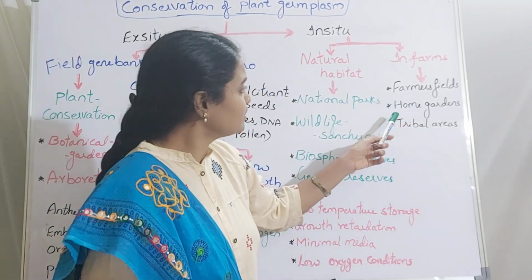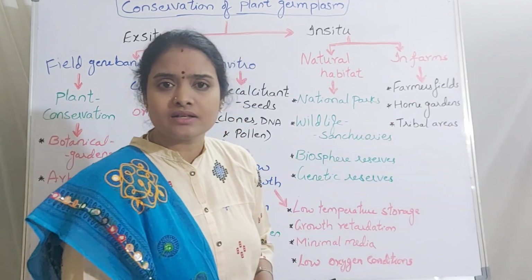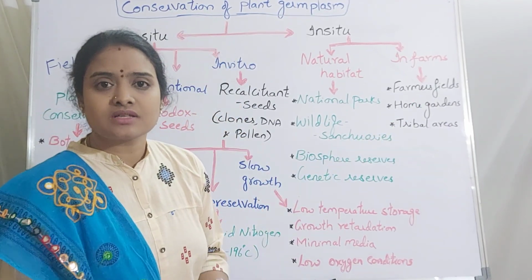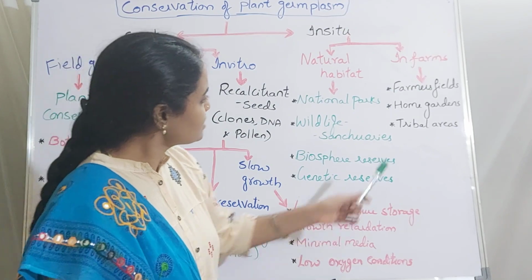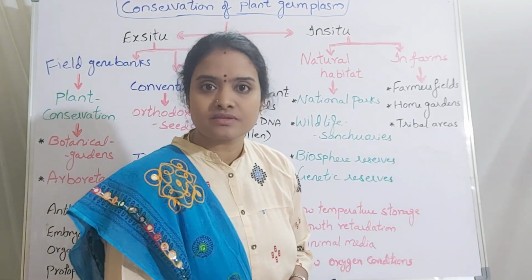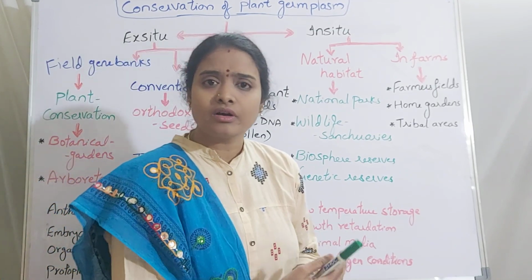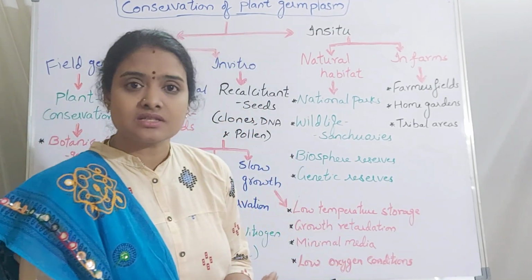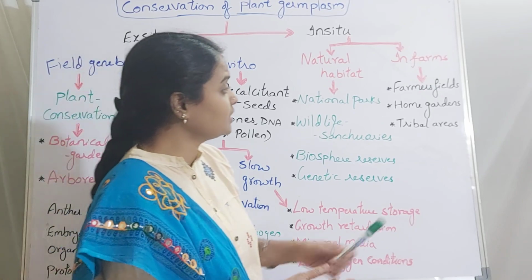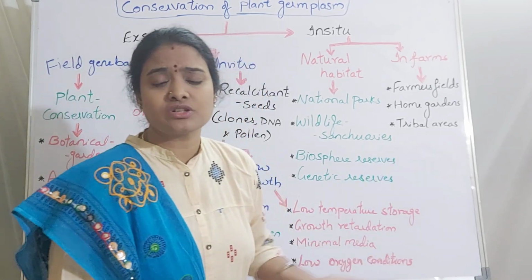So either in the families or the home gardens, the required plants are cultivated. And the last one is the tribal areas. Again, it is a natural habitat where their tradition or any traditional crops or the medicinal crops, whatever they are cultivating, they are given special attention.